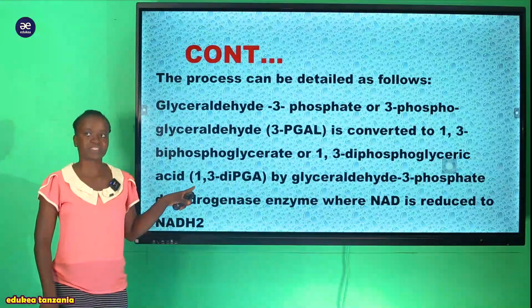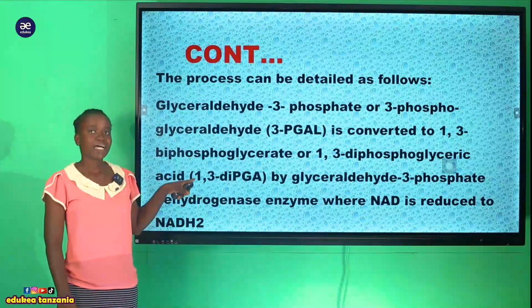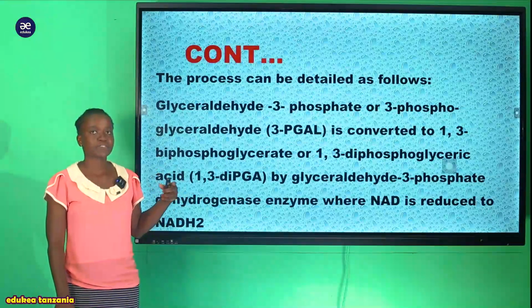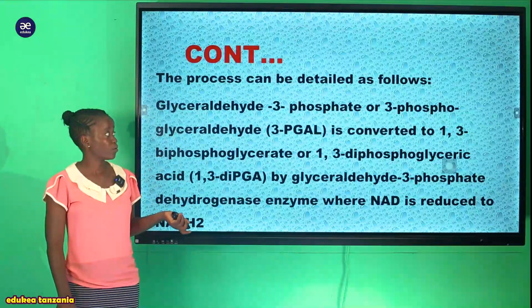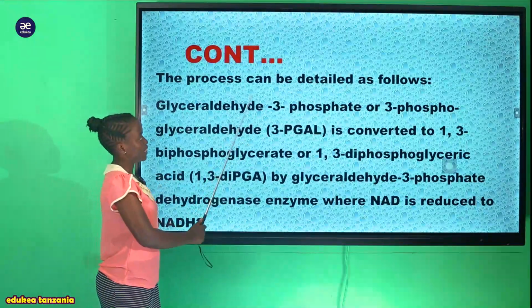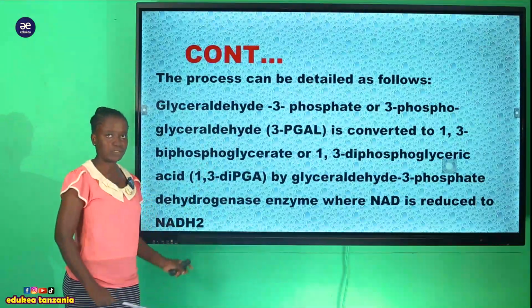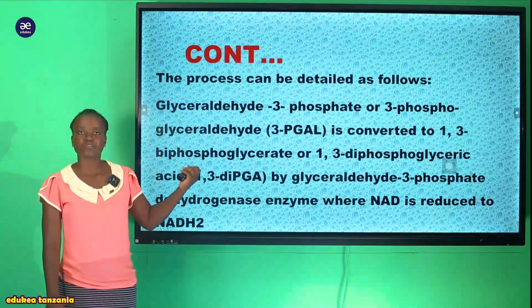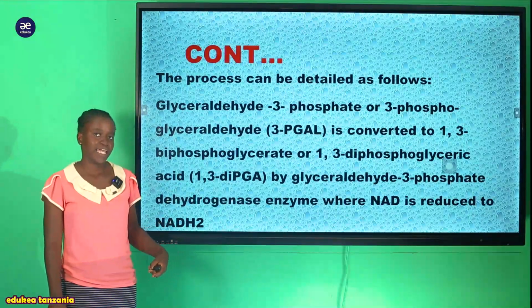So hii ndio process nzima inayotokea mpaka ile NADH inapatikana kwenye ile process nzima ya glycolysis. Unaweza ukaona kwamba hapa ile 3 carbon sugars, kule mwanzo tulikuwa tunasema 2 3 carbon sugars, tunaiconvert mpaka tunakuja tunapata ile NADH.